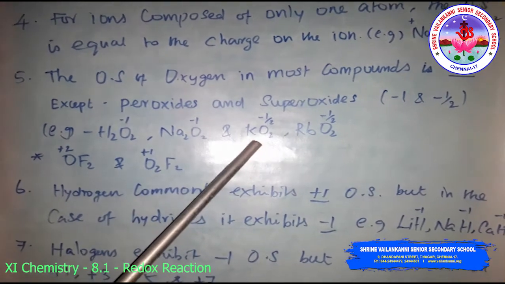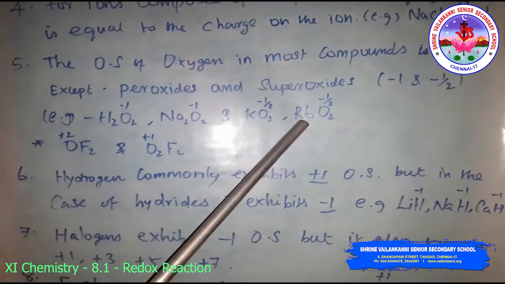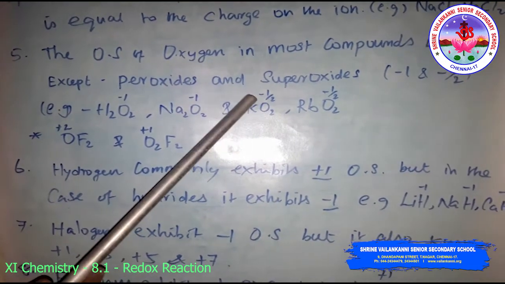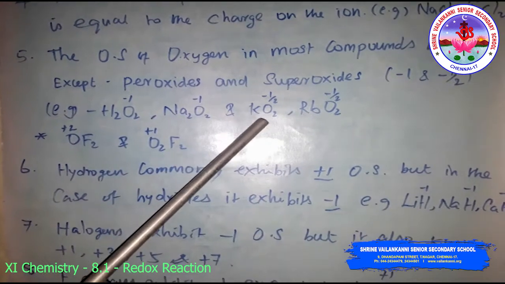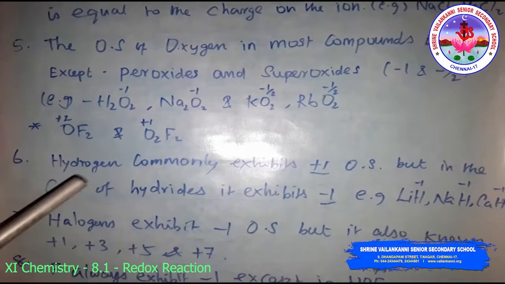In the case of superoxides, KO2 and RbO2 (rubidium superoxide), the oxidation state of oxygen is -1/2.